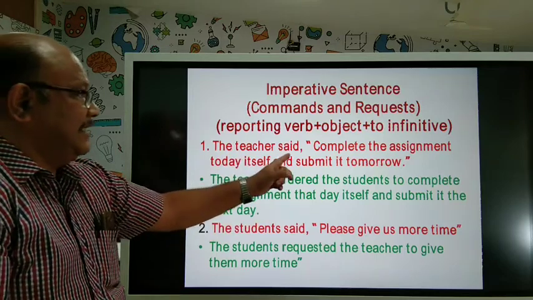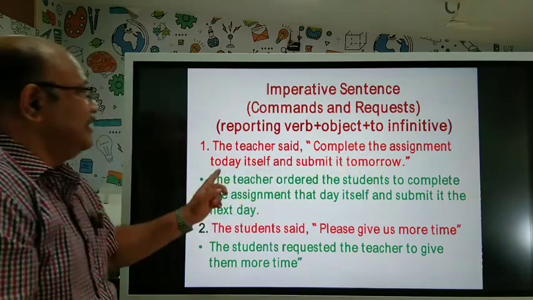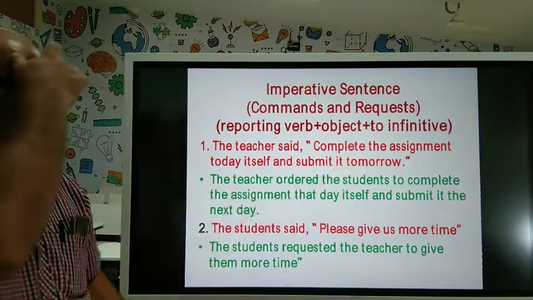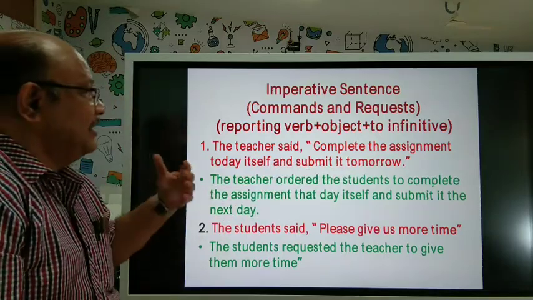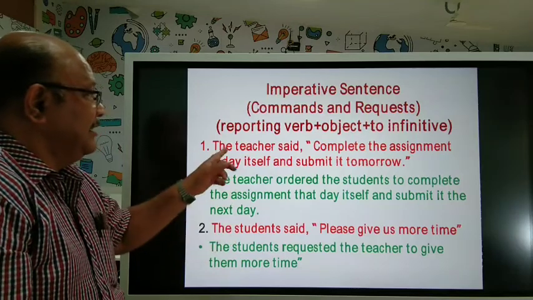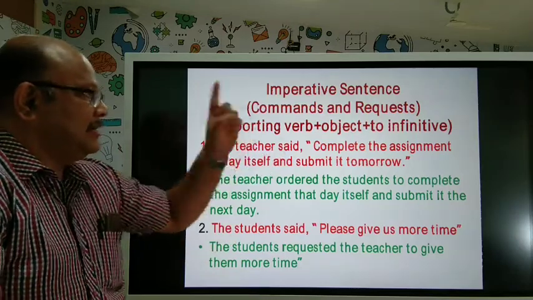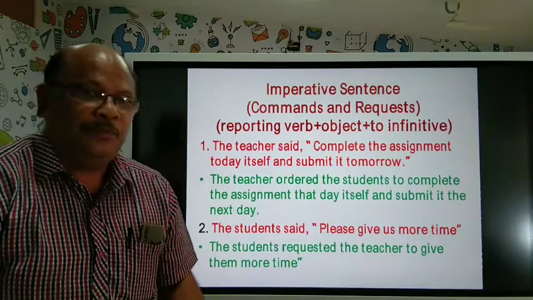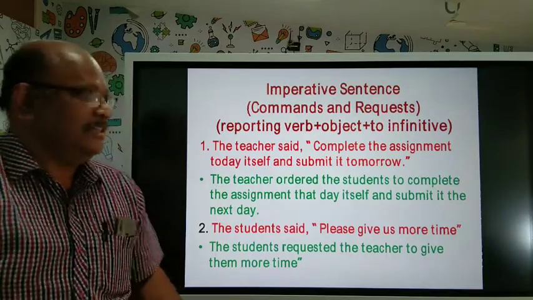The teacher said, "Complete the assignment today itself and submit it tomorrow." So the teacher is giving an order. What is the order of the teacher? "Complete the assignment today itself and submit it tomorrow." It is an order of the teacher.